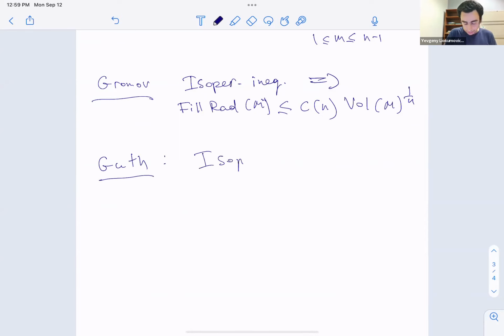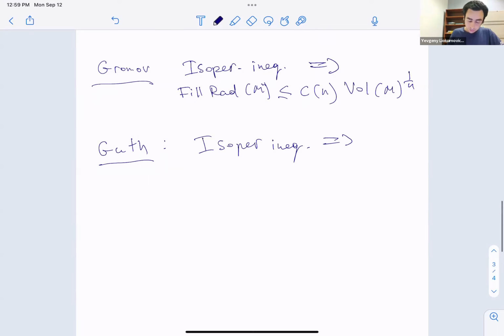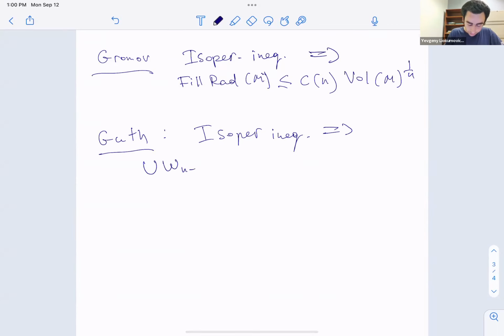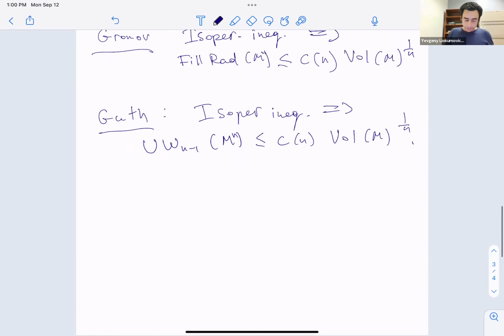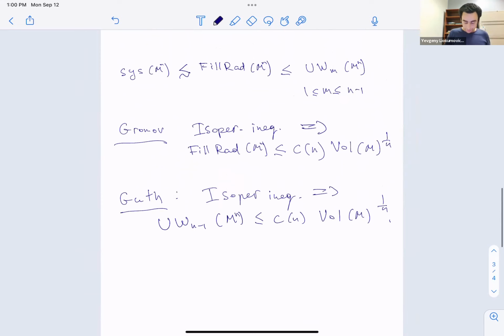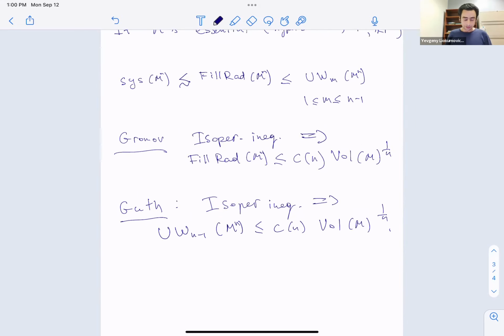Larry Guth used the isoperimetric inequality in finite but very large dimensional spaces to show that the n-1 dimensional Urysohn width of manifold M is controlled by a constant times the volume of M. And so that's a stronger inequality, but it also implies the systolic inequality, the bound of the systole in terms of the volume of the manifold M.